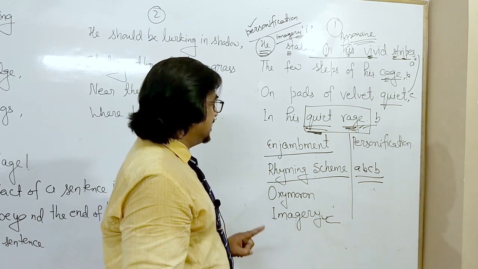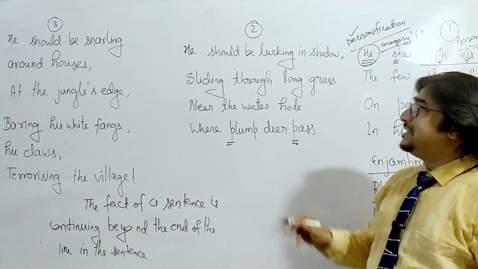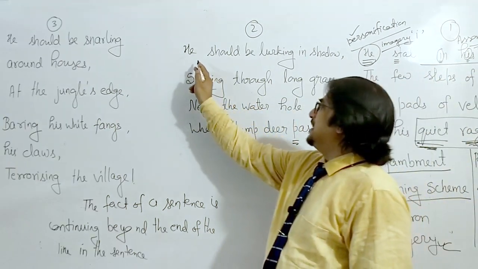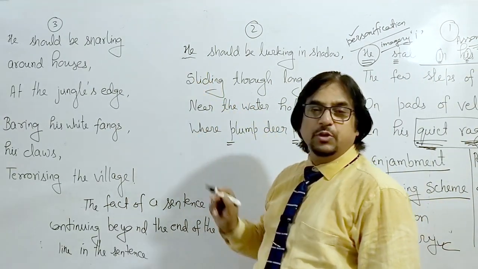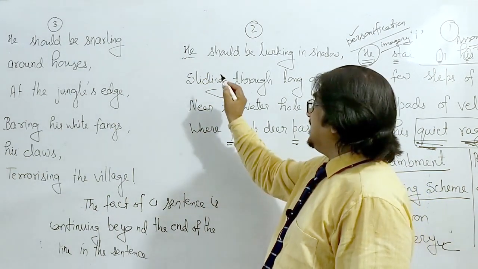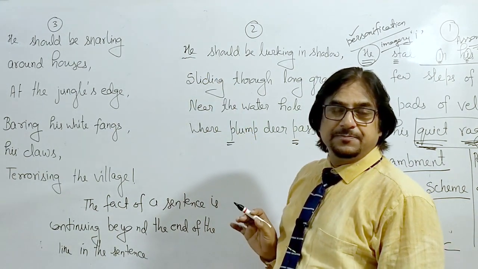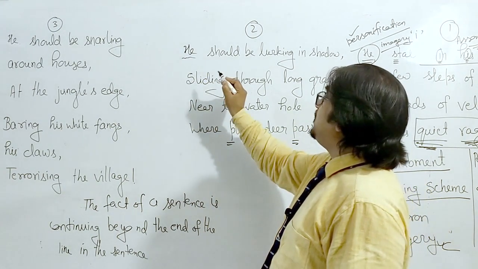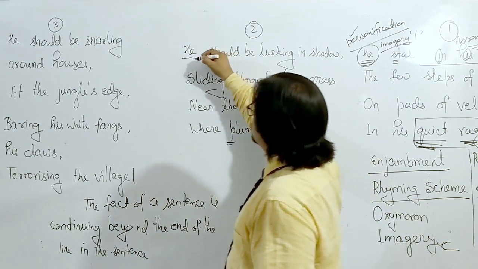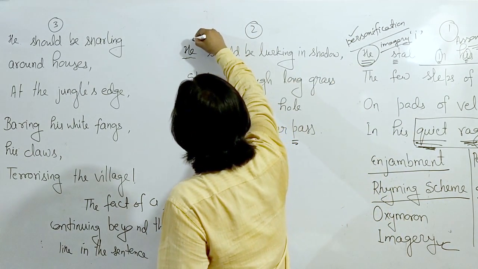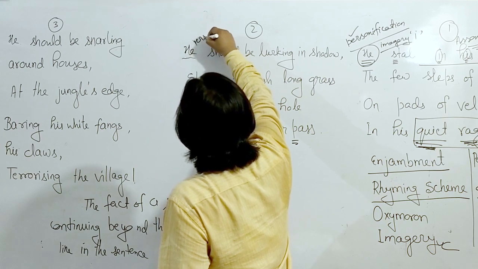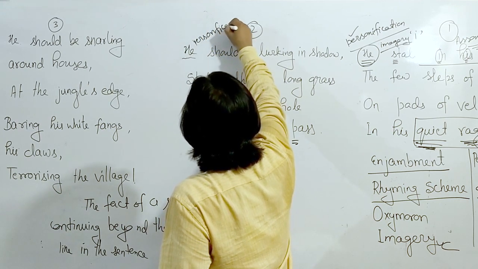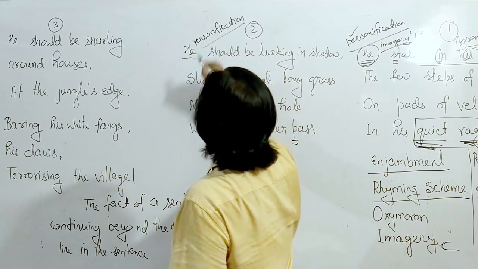After that, in the second stanza, "he" is used for the tiger. The tiger is being treated as a person, so again personification has been used.